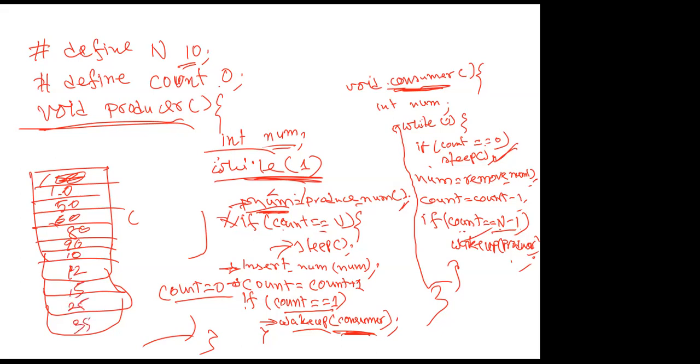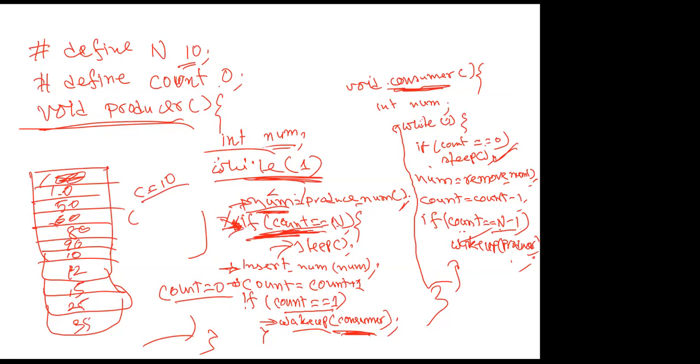Once it fills out these numbers, count equals 10 now. Once count equals 10, it will go into sleep mode. Let's say in this position it is about to sleep. It checks this if condition: if count equals n, and count equals 10 equals n, so the condition is true.